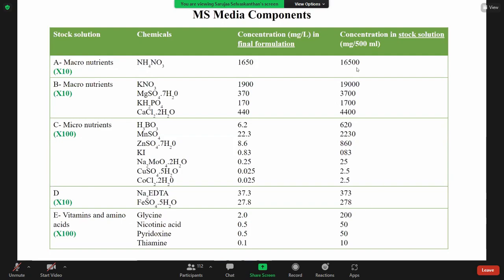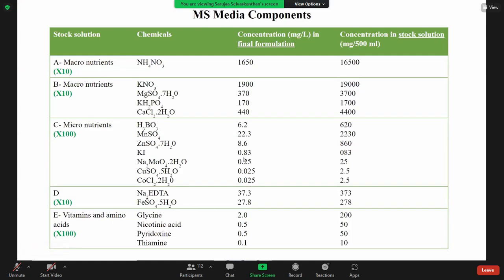If it is for your easiness, if you want to prepare 500 milliliter for all the stock solutions, these stock A, B, and D are quite larger quantities, so we can prepare the stock solution at tenfold concentration. But these micronutrients and vitamins and amino acids are in small quantity.